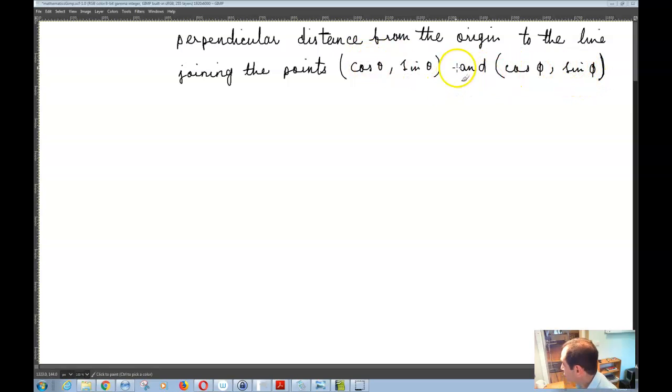These 2 points are on this line, and of course if you want to write the equation of a line, y minus y1 is equal to m times x minus x1, and you know that m is equal to y2 minus y1 over x2 minus x1.